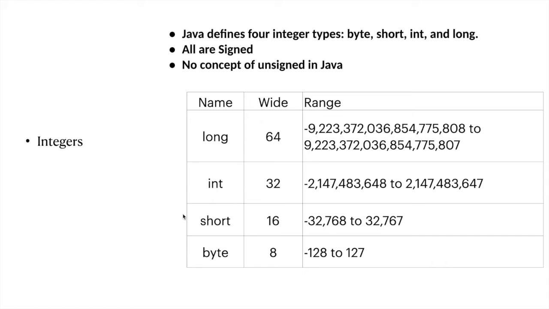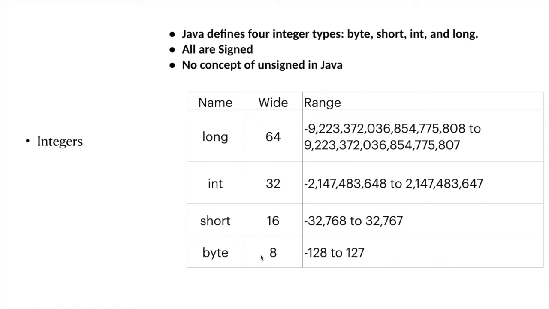as you can see, byte is an integer with a width of 8 bits. So here you can see that it has got 8 bits, and byte can represent numbers from minus 120 to 127.